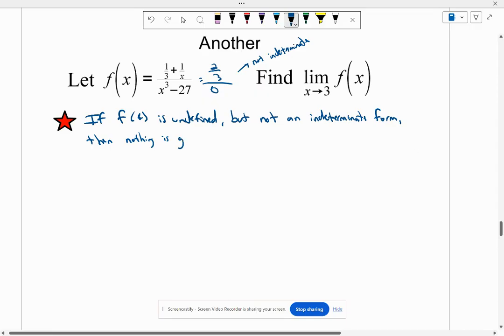By nothing, I mean the x minus 3 factor is not going to divide out. So the limit does not exist, as Lindsay Lohan once said.